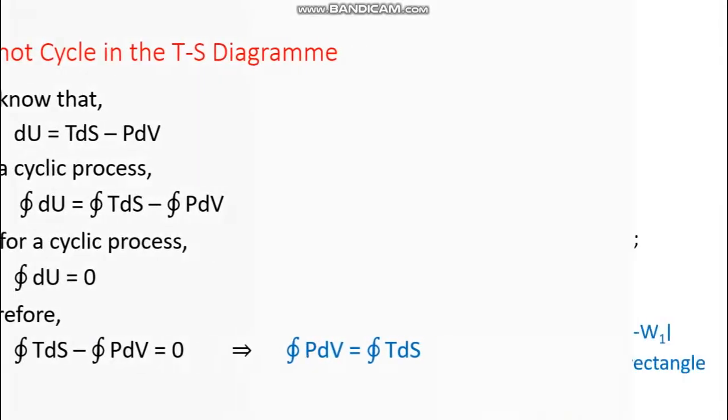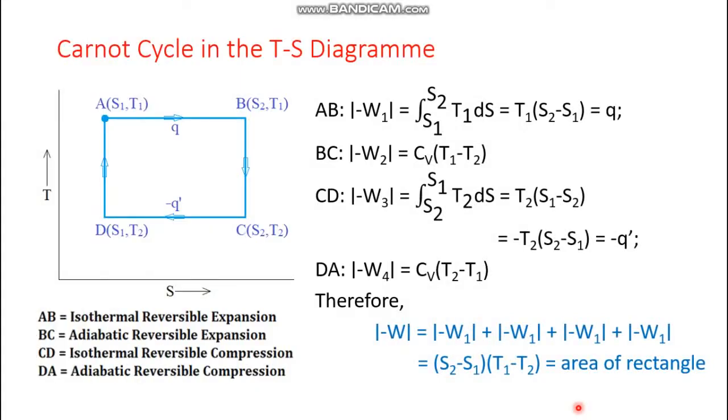Okay, so let's see the Carnot cycle in the TS diagram. Here is the diagram. You see A to B, this change is isothermal reversible expansion. Isothermal means temperature is constant. Since temperature is on the y-axis, it should be parallel to the x-axis because there should be no change along the y-axis.